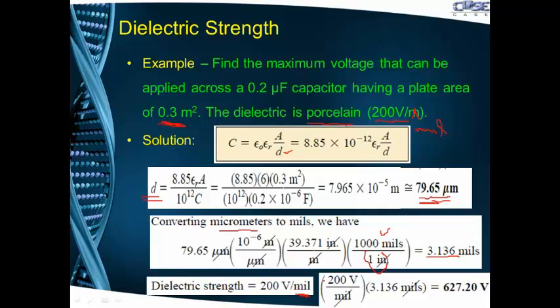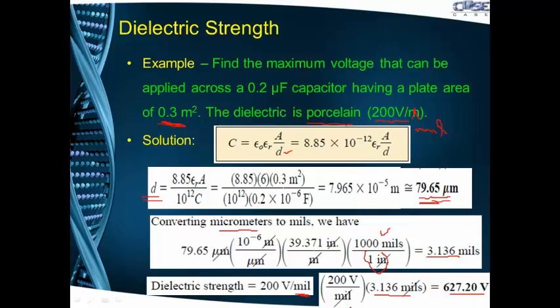and from which we can find out the value of voltage for this much mils. So for 1 mil it is 200 volt, for this much mils it would be 627.20 volts.